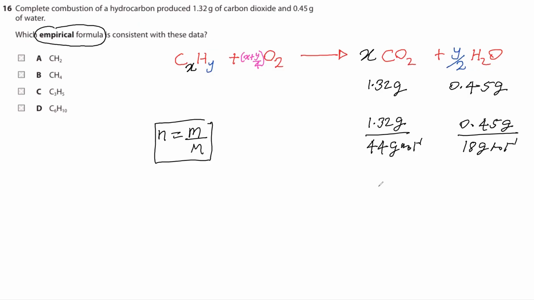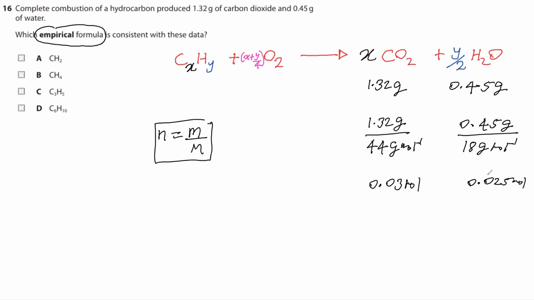If I do this calculation, the number of moles of carbon dioxide is 0.03 moles. The number of moles of water is 0.025 moles. When you see a number like this, you remove these decimal places, then you will see the real ratio.